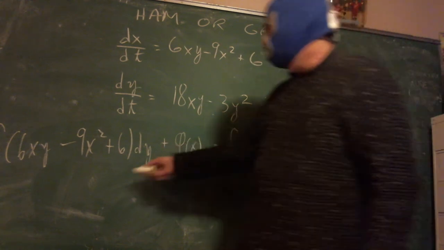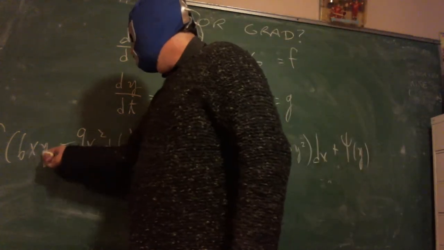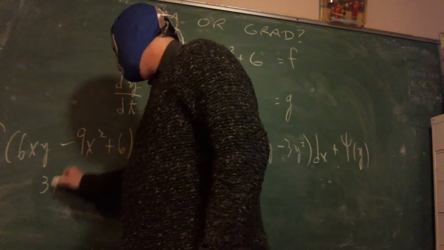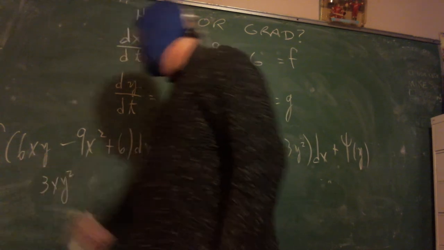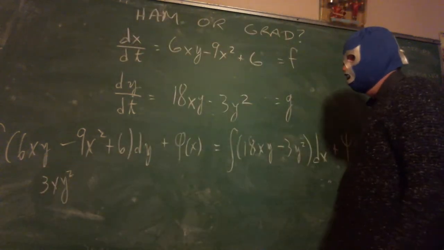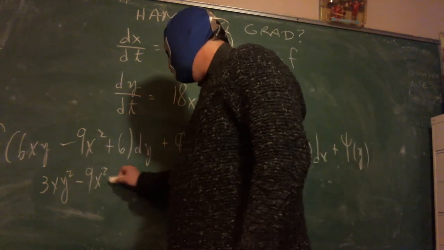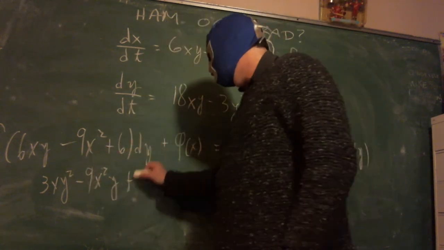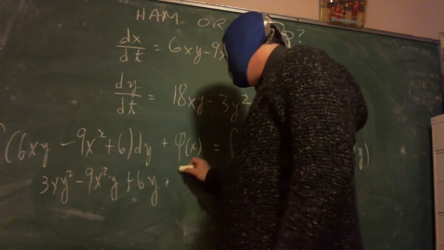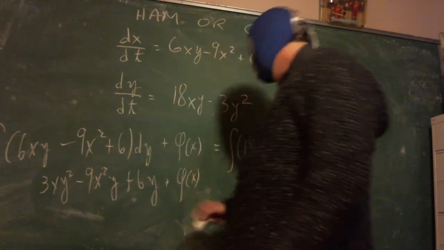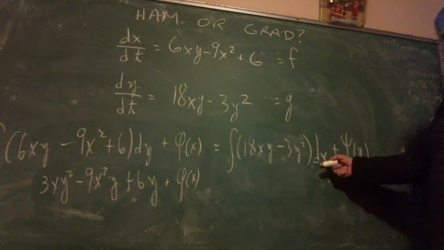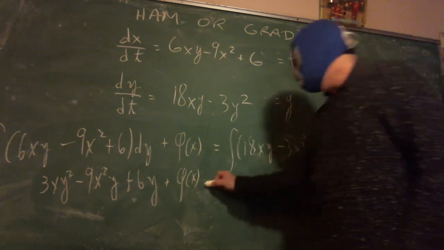So this side dy, I'm going to have y squared divided by 2, so it's a 3x y squared. The 6 divided by 2 is 3. Then this guy is just going to be a minus 9x squared y, and then plus a 6y. And any pure x stuff that might turn up over here, because here's the dx. Well, let's see what happens over here.